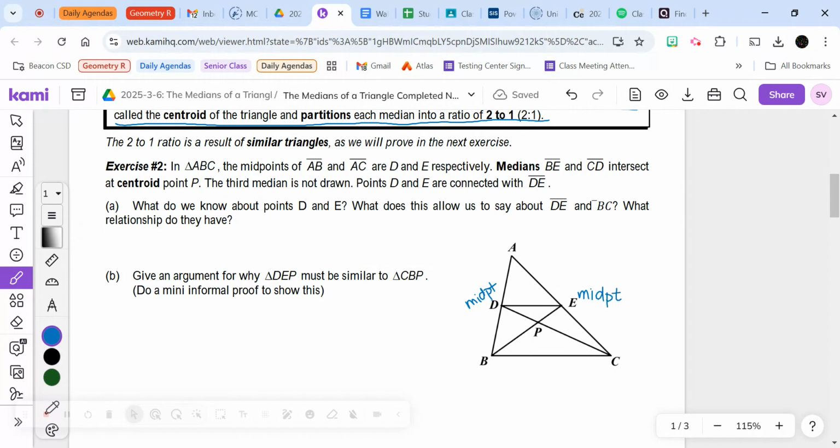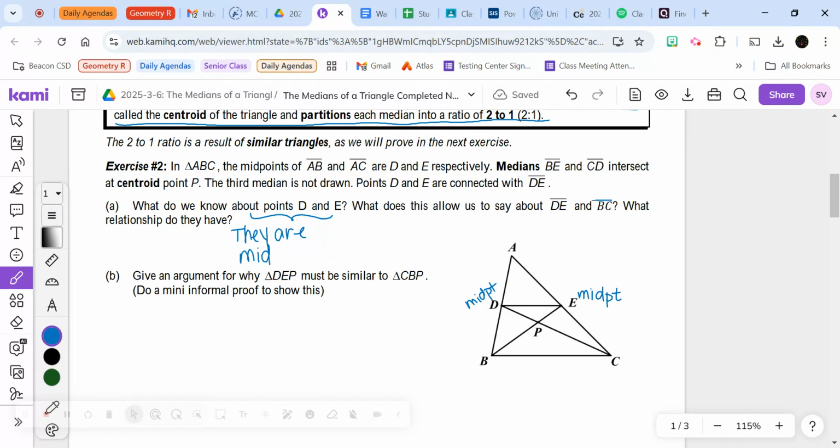And medians BE and CD intersect at centroid P. The third median is not drawn. Points D and E are connected with segment DE. A is asking us, what do we know about points D and E? And what does this allow us to say about DE and BC? Sorry, that printed funky. What relationship do they have? So D and E, we know that they are midpoints.